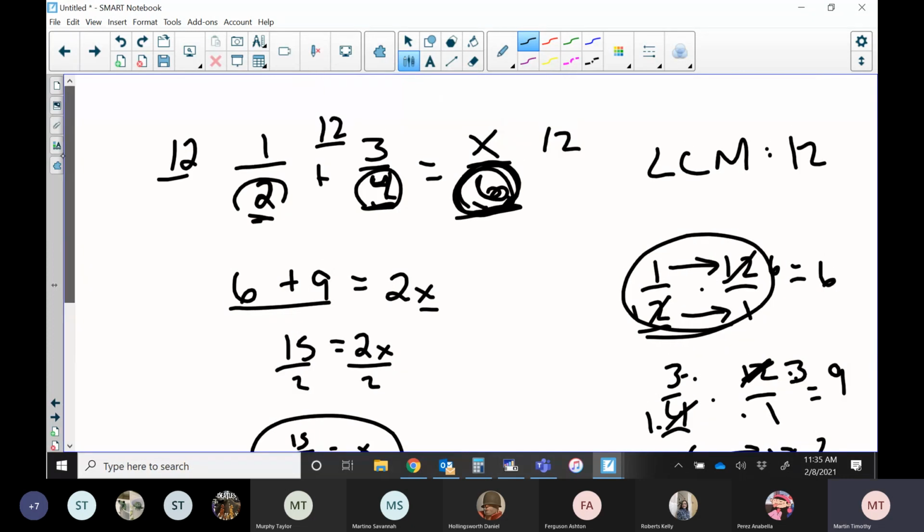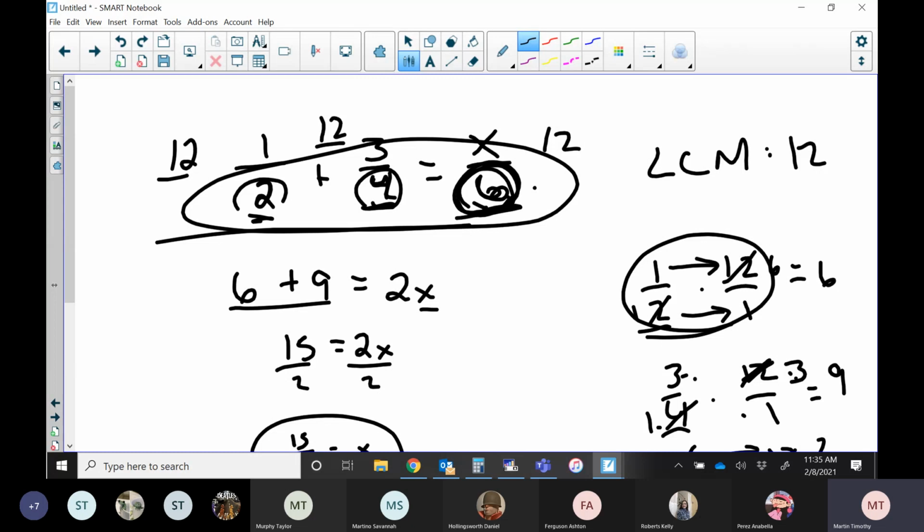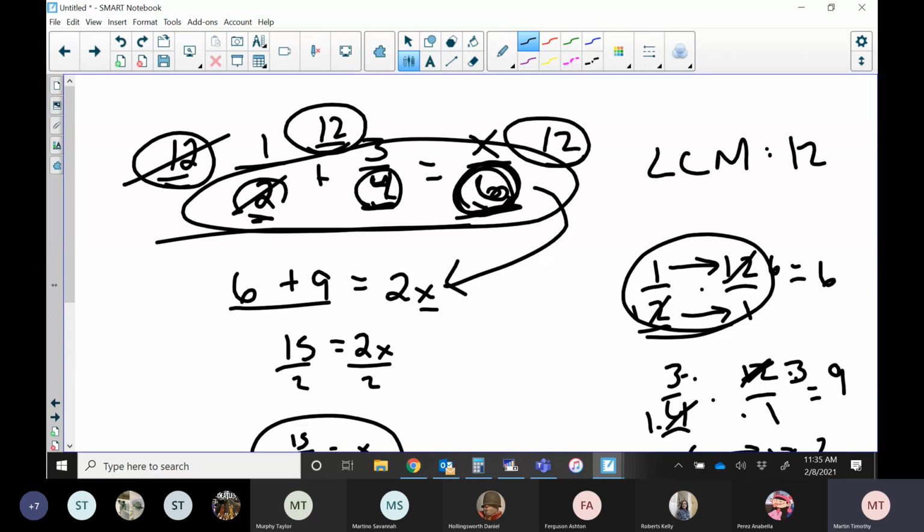What did we do? We got rid of our fractions. We took this and made it become that. How? By multiplying by the least common multiple. And what that least common multiple does is cancel out all the denominators. Why? Because all these numbers can go into that number. So they're all going to cross simplify.